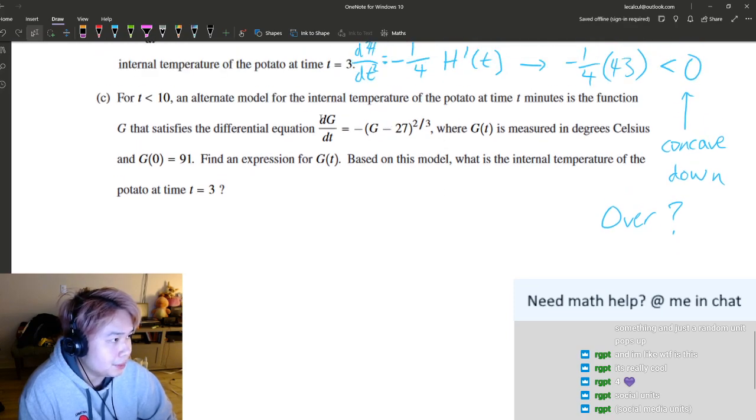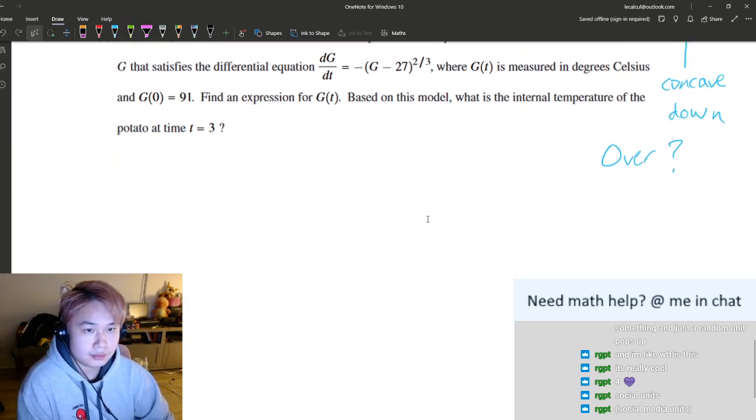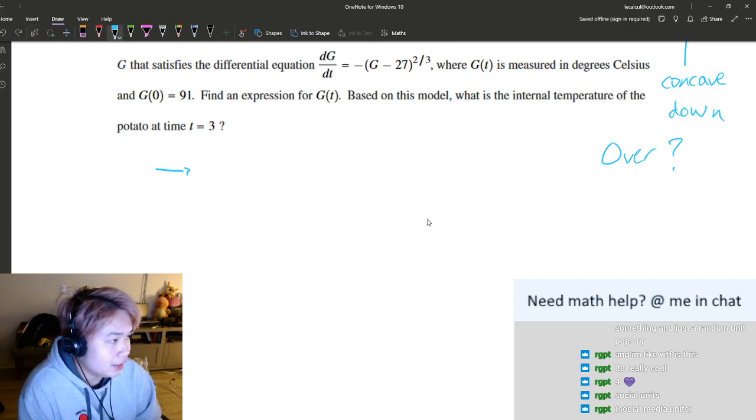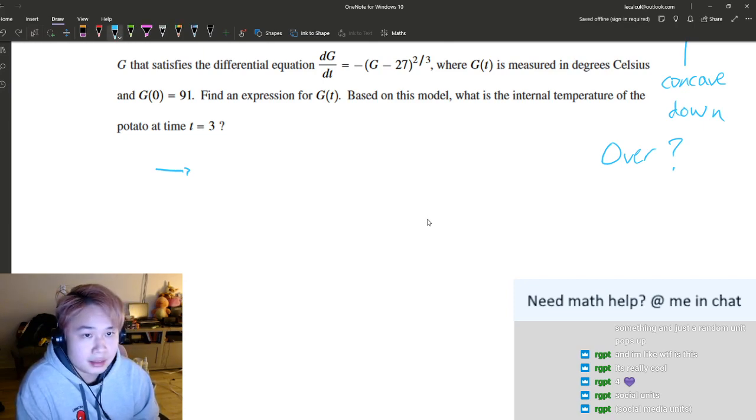But before I do, because g is a function of t, we're going to do a separation of variables. So if I move everything related to g onto one side, then what do I get?